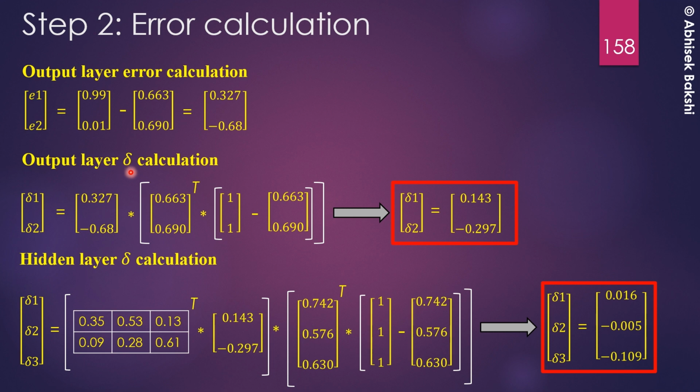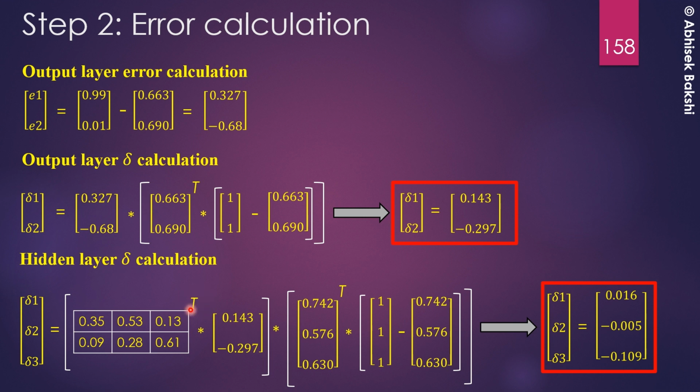Now using this delta we can calculate the delta of the hidden layer. Interestingly, I have done simple matrix calculation. That's why sometimes I needed to do a transpose of the matrix, just to keep the dimensions proper so that you can do the multiplication. If you want to go for matrix multiplication, your dimensions should match. Just to match the dimensions, we had to do these transpose operations.